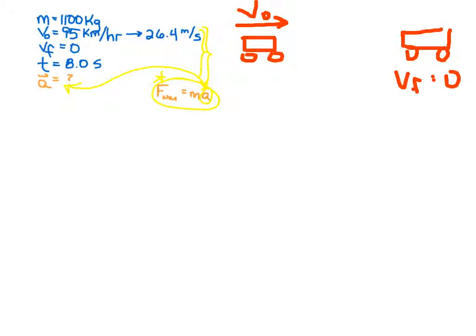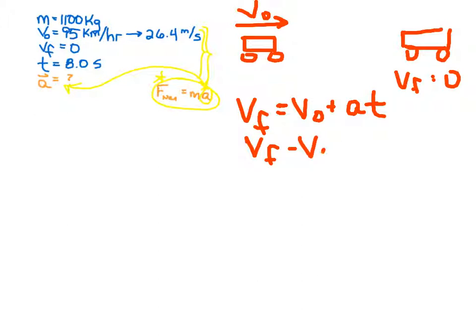In this case, I'm not sure that helped, but picking a kinematics equation is a logical second step. I chose the second equation: V final is equal to V initial plus acceleration times time, knowing that I'm looking for acceleration. After I rearrange that equation, Vf minus Vo divided by t is equal to acceleration.